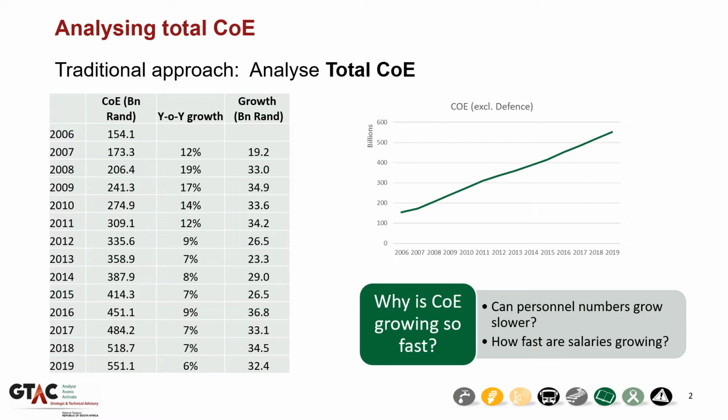For the past few years, National Treasury capped growth in COE budgets. Departments had to stay within the parameters set by National Treasury and at the same time implement the negotiated wage agreement terms. So increasingly it becomes critical to better understand COE growth in more detail.